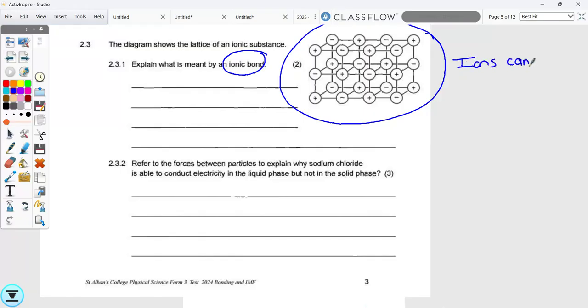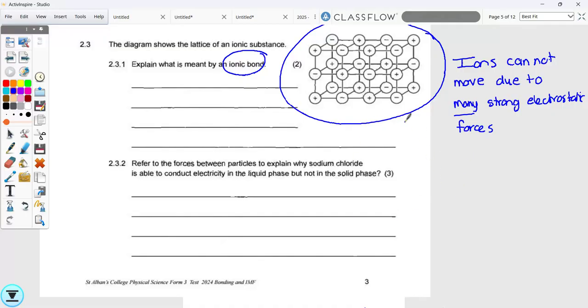cannot move. Why not? Due to many, please use the word many, strong electrostatic forces. This is super important, guys.